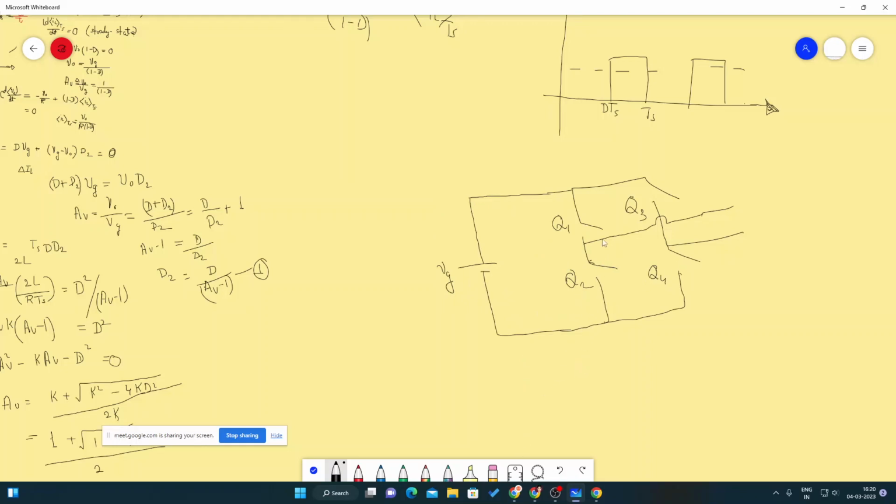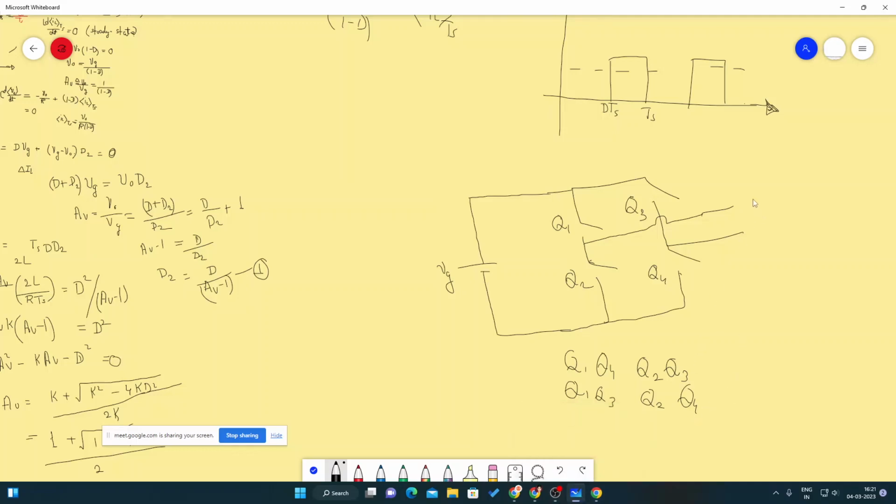Other than that you can go for any combination: Q1, Q4; Q1, Q3; Q2, Q3; and Q2, Q4. All these 4 combinations you can use to create the output voltage waveform. That is the basic concept of inverter.